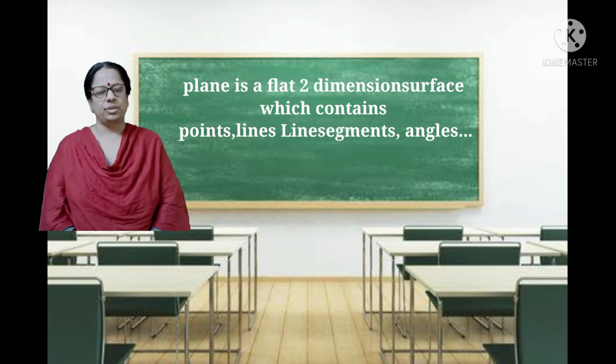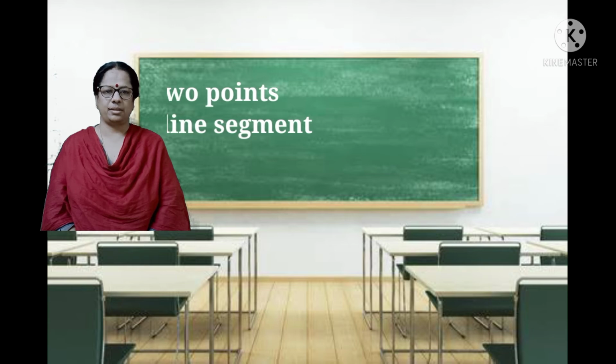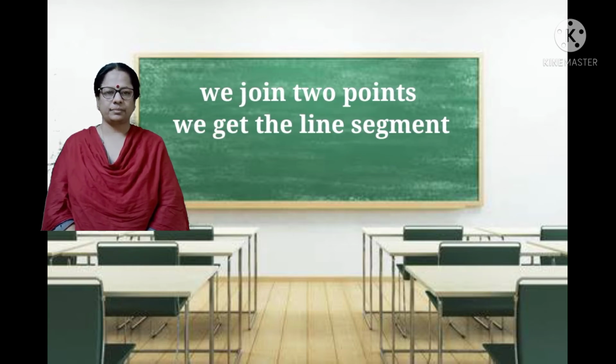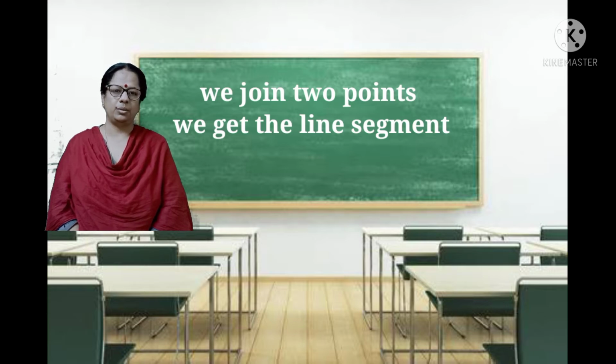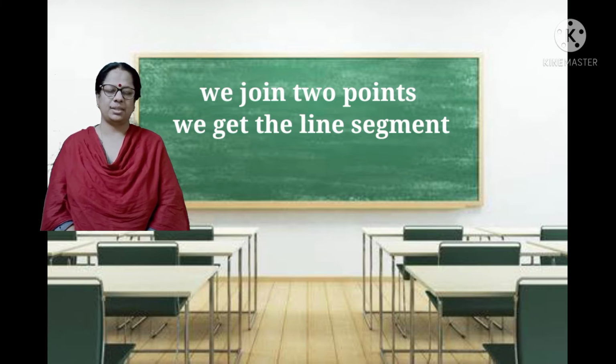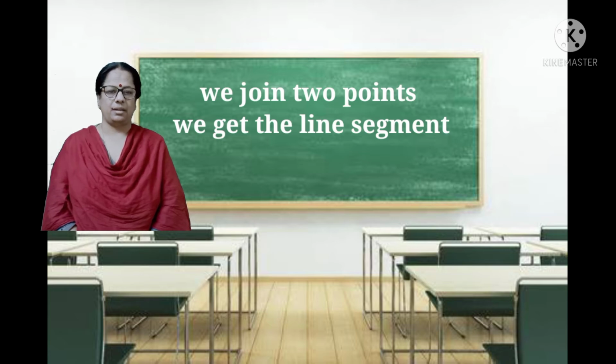If we join two points, we will get a line segment. A line segment is made by 2 points. Then if one side of the line segment is endless, we will get a ray.